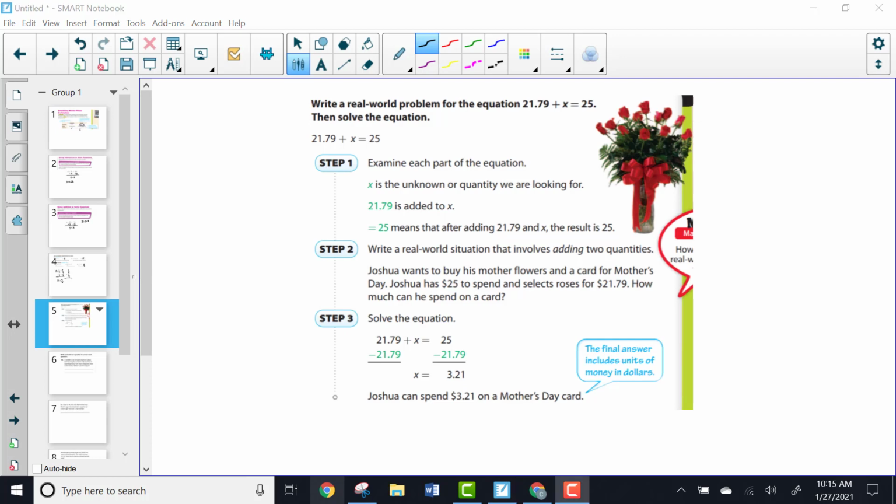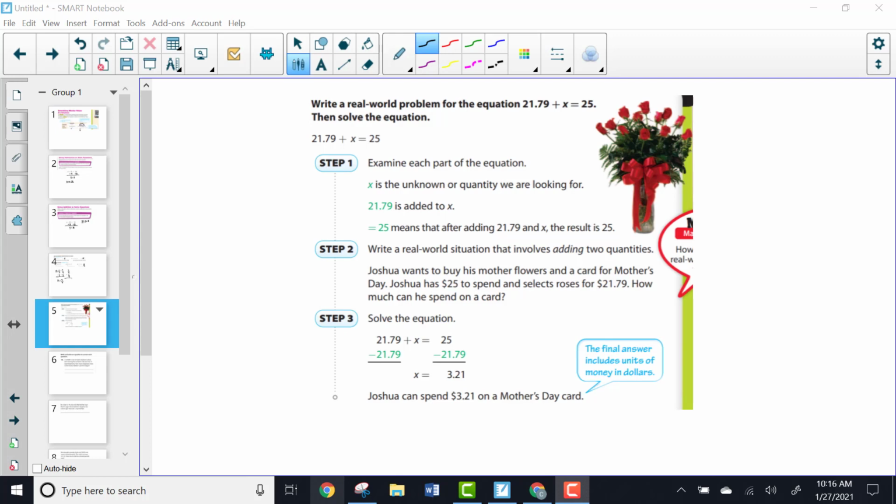Now we can see that it says write a real-world problem for the equation of 21 and 79/100 plus x equals 25. Okay, so whenever you're doing this, you want to examine each part of the equation like it says in the book. We know that x, or the variable, is the unknown or quantity we are looking for.